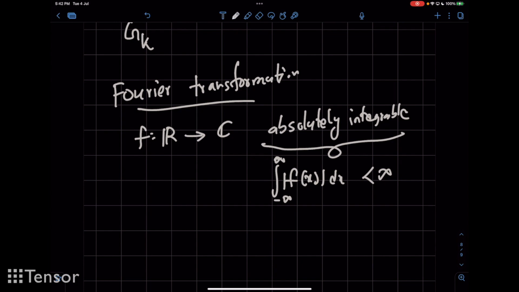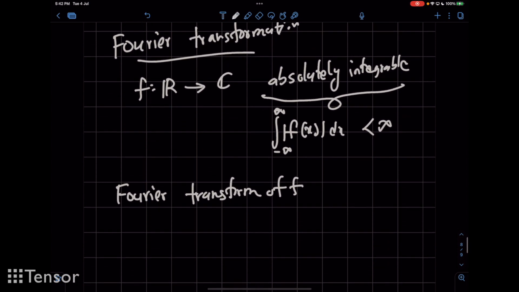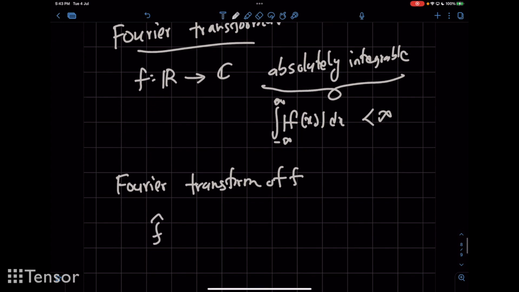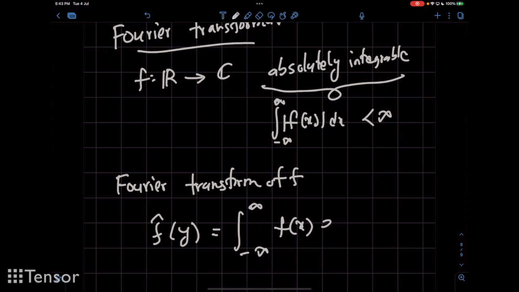Then the Fourier transform of f is defined as follows. F hat of y is defined as the integral from negative infinity to infinity of f of x e to the 2 pi i xy dx.